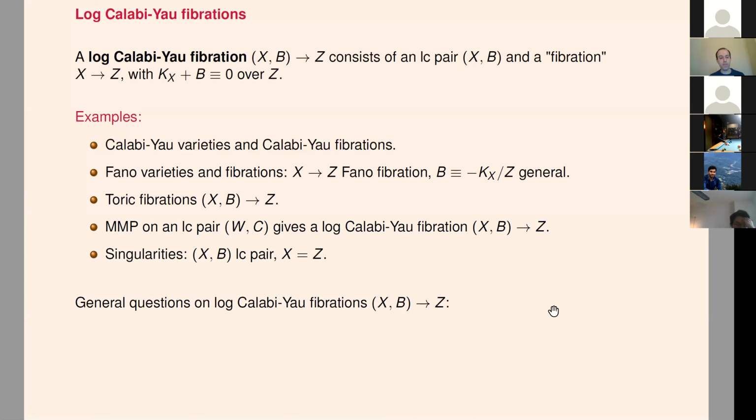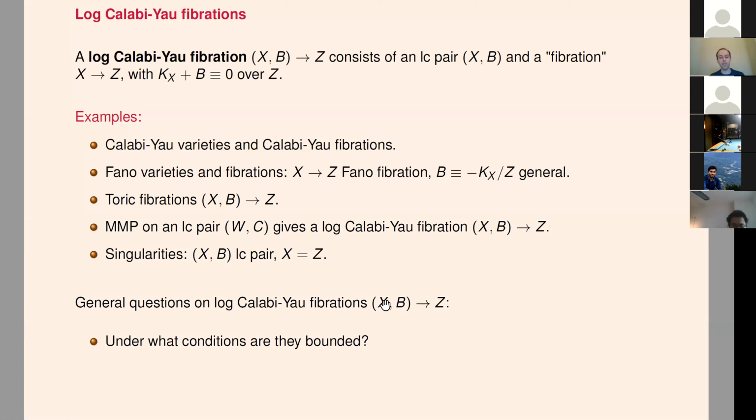In fact, we can ask many questions in general about log Calabi-Yau fibrations. So without being very precise, we can ask, for example, the following question. If you consider a class of Calabi-Yau varieties or fibrations, not the whole set but some subset, some class, what kind of conditions should you put on this class so that you have bounded families?